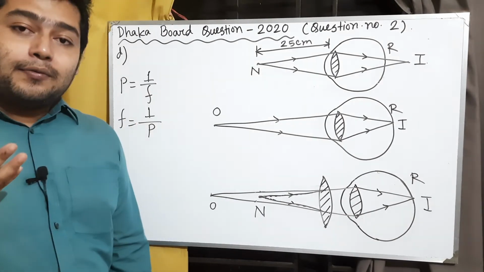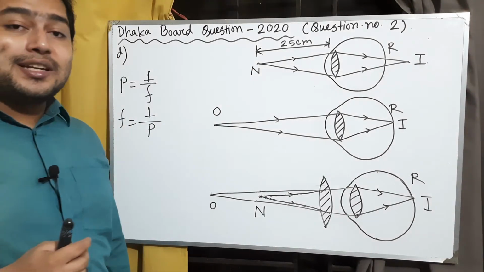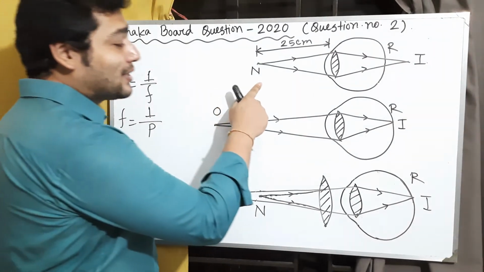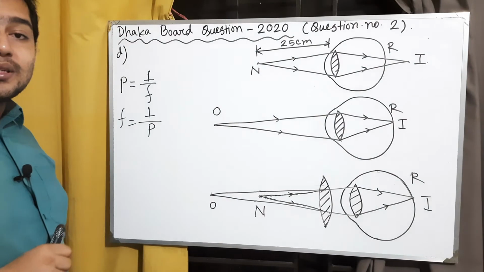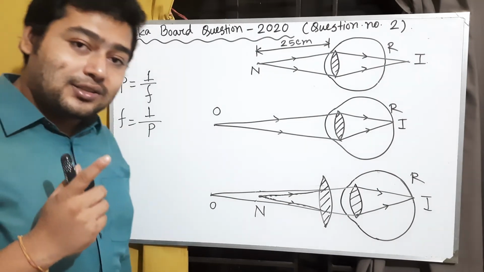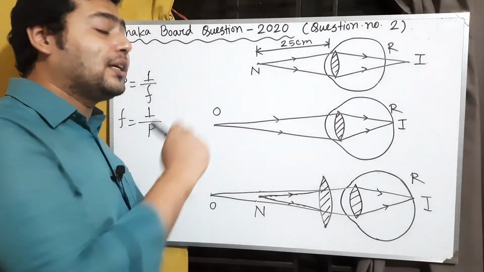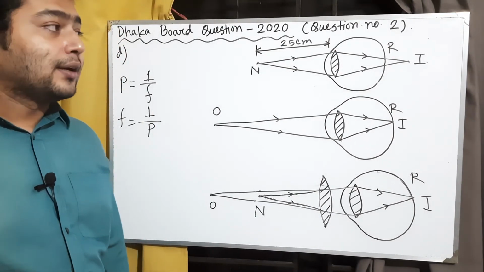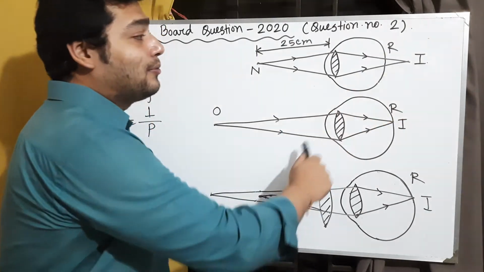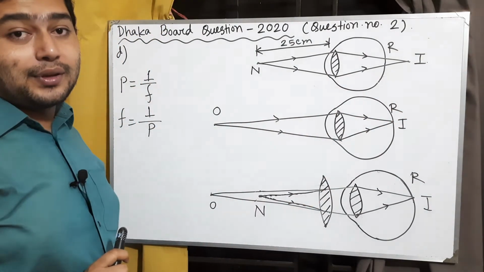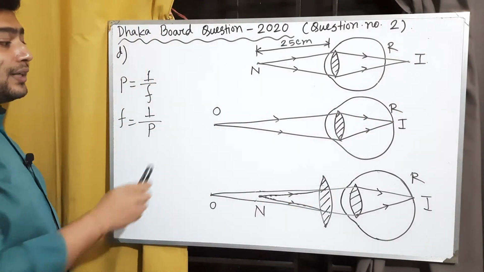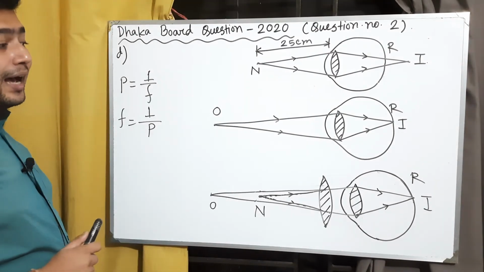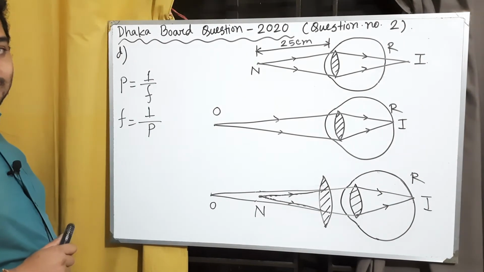For a perfect eye the near distinct point is 25 centimeters, but for Mina's grandmother, if the light rays come from 25 centimeters distance, she cannot see that image, because the image is formed outside the retina. So the near distinct point of Mina's grandmother's eye is increased.